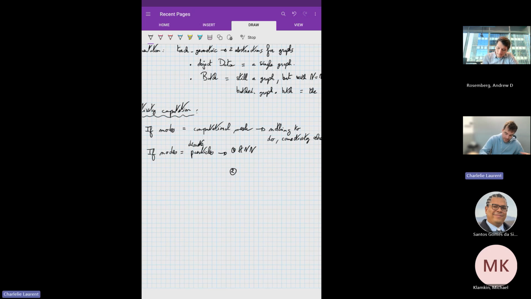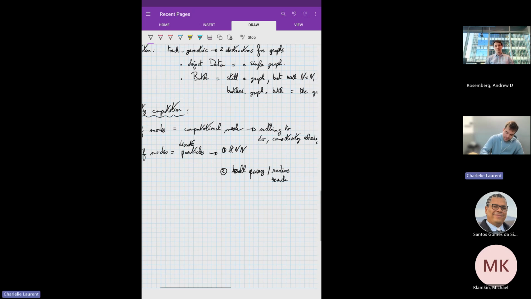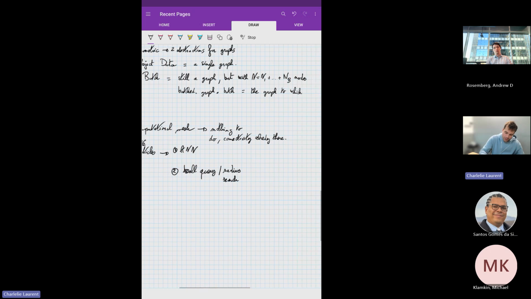And the second option would be what we call a ball query, or I think it can be called radius search as well. It's basically saying all nodes below some threshold distance are connected.